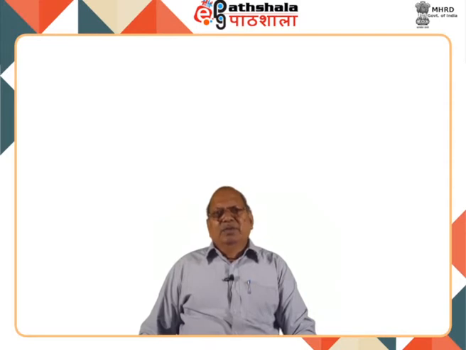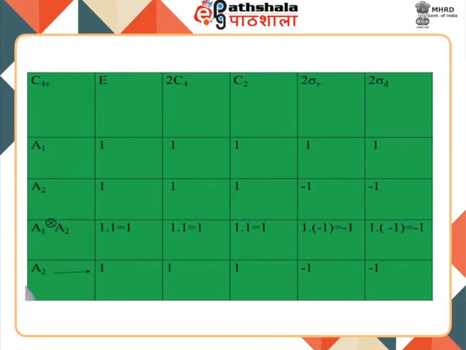Take the example A1 direct product with A2, B1 direct product B2, direct products in C4V point group, and we will get the result as thus. Direct product of A1 into A2 gives the characters as 1, 1, 1, minus 1 and minus 1. These characters correspond to A2 irreducible representation, which is also one dimensional in nature.